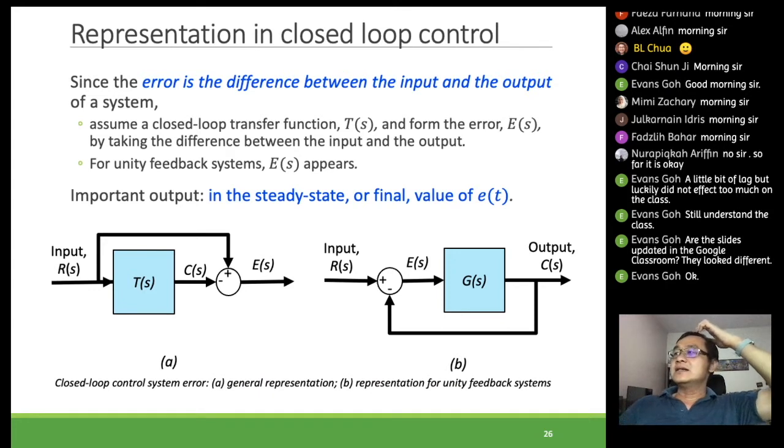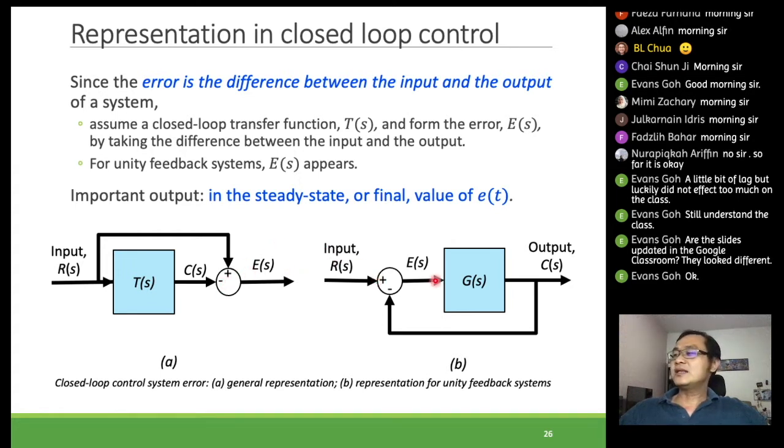Look at this closed loop control. As we say, the error is the difference between the input and the output. If we want to compare them, we can represent it either using this form or the feedback loop form. Either way will be good. We just use a comparator to subtract them, input minus the output, which gives us the error.